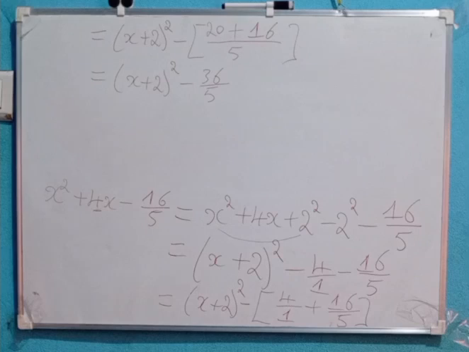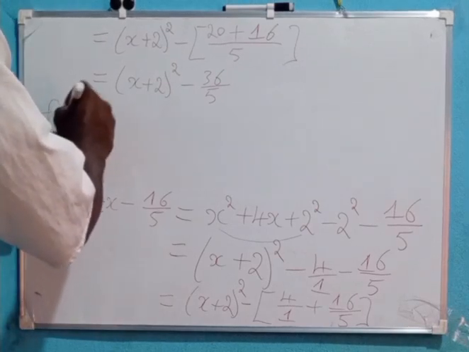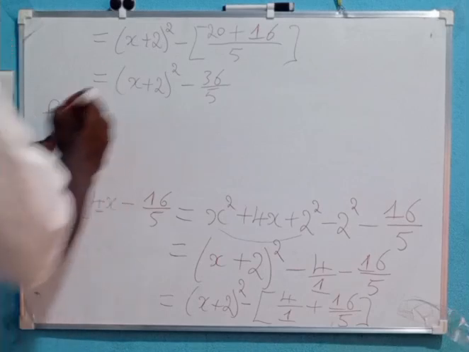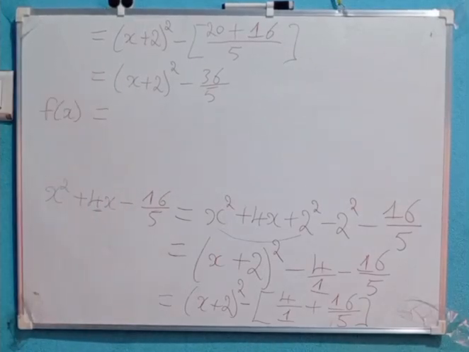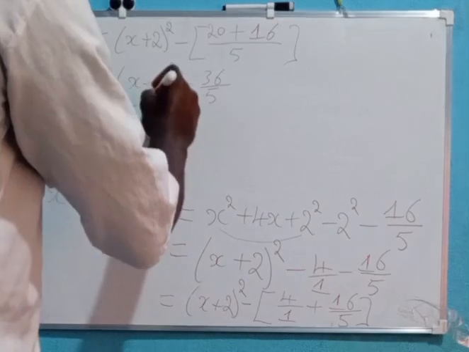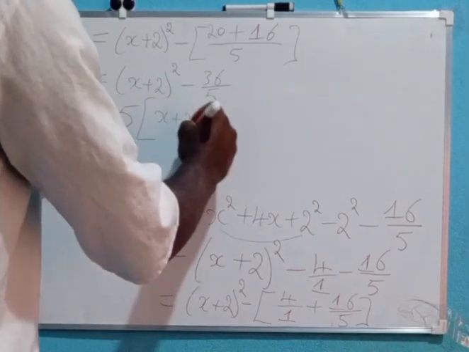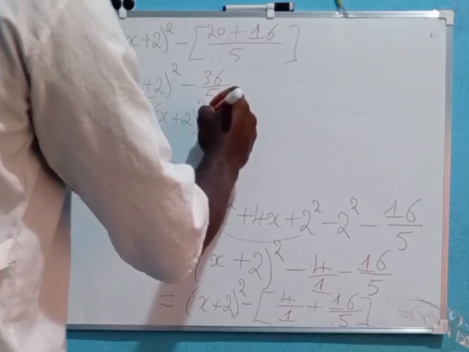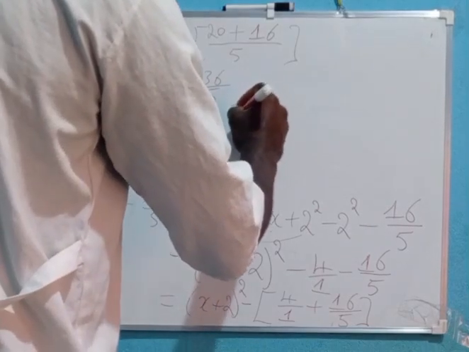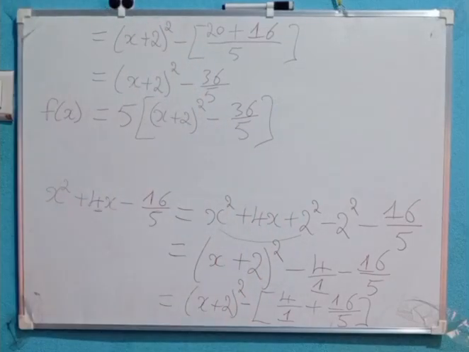We are going to move back to our function f of x. It will simply be equal to, recall that we factor out 5, times this, which is (x plus 2) all this squared minus 36 over 5.